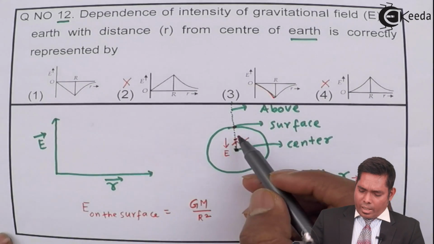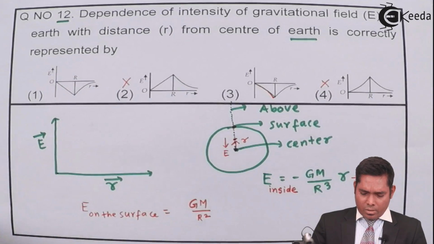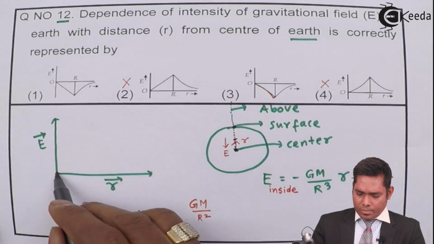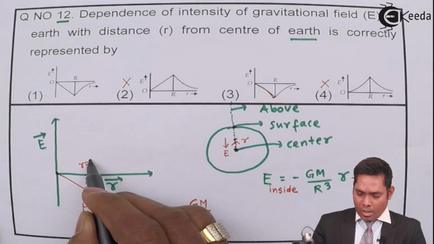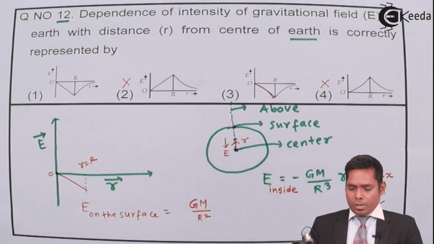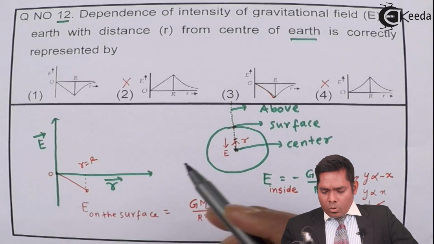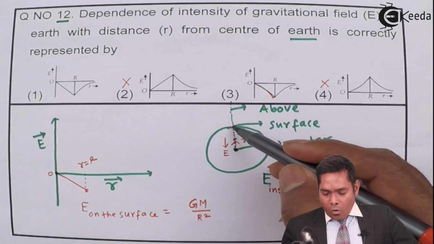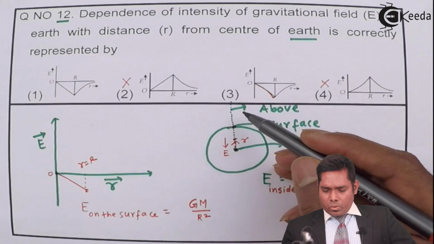So up to here it is the case, GM upon R squared. So this should be like this, up to r equal to R, starting from 0. At the center E is 0. After this, we go out of the Earth surface, above the surface of the Earth, that is called the altitude.